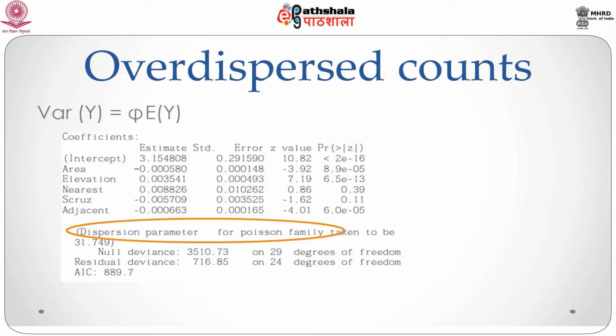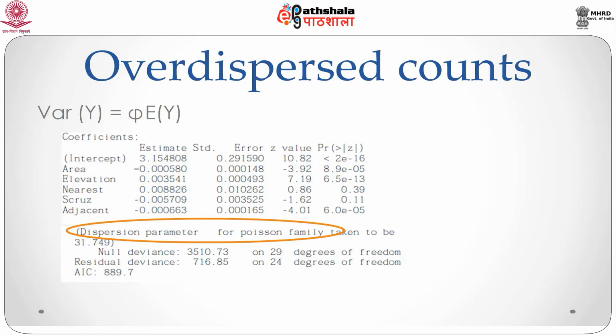So this is an example which is based on an R illustration for count data where the variance of y is not equal to E of y, but rather variance of y is equal to some factor phi multiplied by expectation of y, and the R output says that the dispersion parameter for the Poisson family is taken to be 31.749.